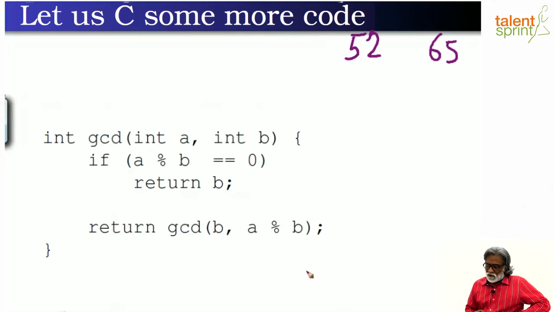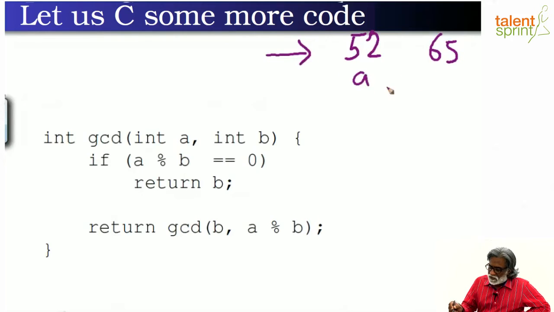We can do that, or we can do as per our algorithm. What is our algorithm saying? First look at A percentage B. Sir, A percentage B means A must be bigger than B. Actually, we can avoid that problem also, the way this code is written. To show that, let us see. 52 modulo 65 is actually 52. So what will happen?